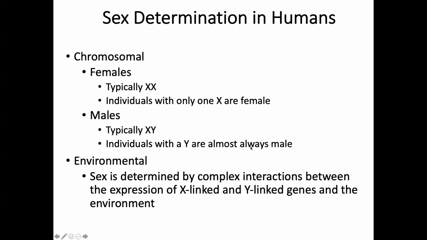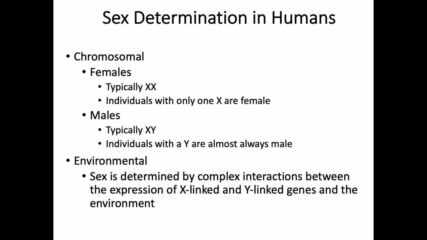We will discuss why this is the case in a while, but you can imagine that the gene products, meaning the proteins made by genes on X or Y chromosomes, are important for sex determination. Okay, although environmental factors may contribute to sex determination, they have to interfere with the gene products.